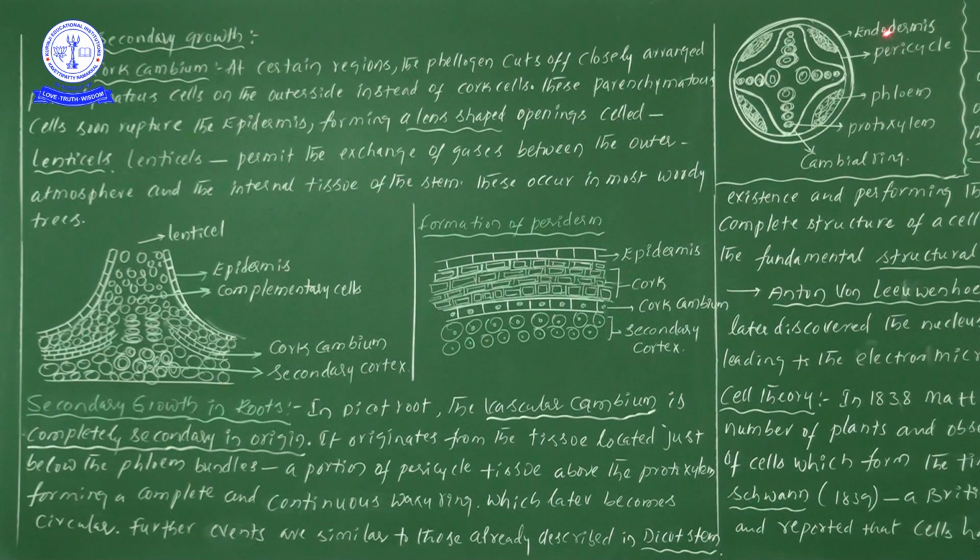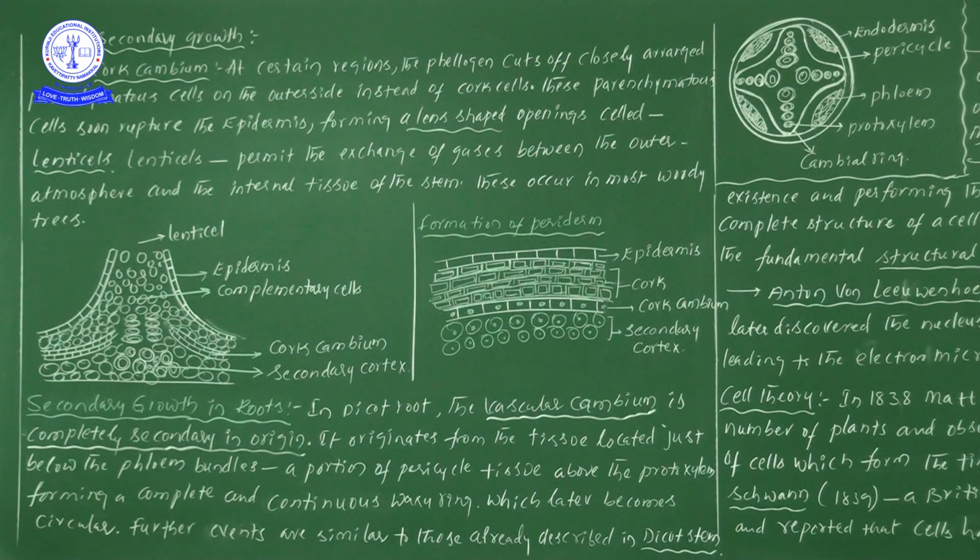One is the development of lateral roots, whose origin is endogenous, and the other, during secondary growth, is the formation of the vascular cambium ring. From the point of view of vascular cambium formation, roots definitely take the help of the pericycle.